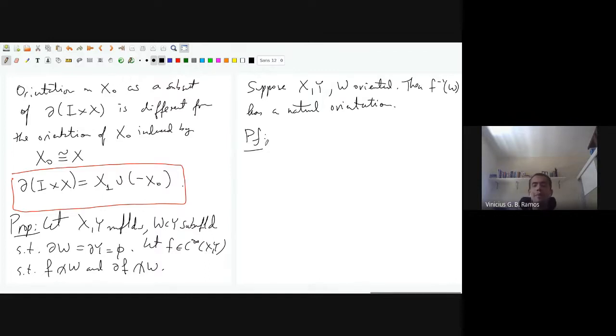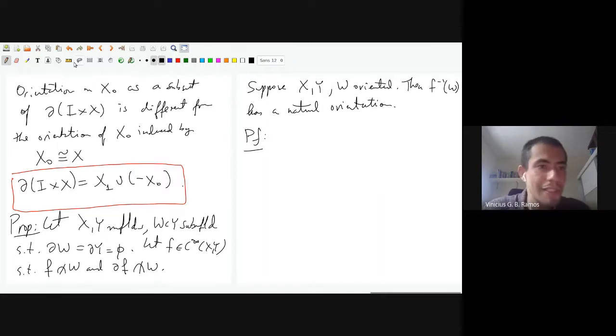So in the case, for example, that W is just a point, then every point is orientable. You can just put the orientation plus, and then the preimage of the regular value will have a natural orientation. So if you have a function from Rn to Rm, and you have a regular value of the function, then the preimage is orientable. That's something nice to know.